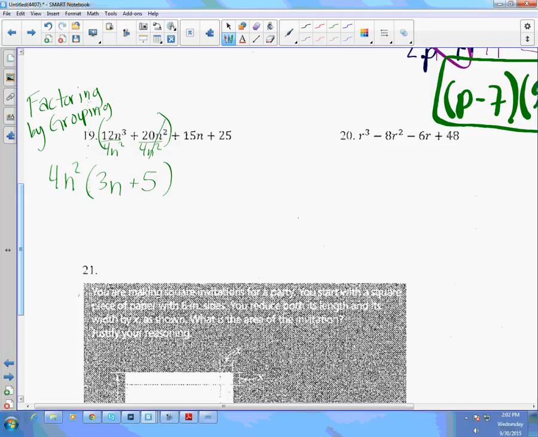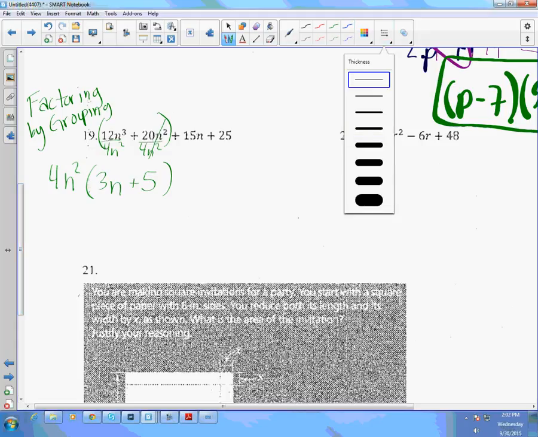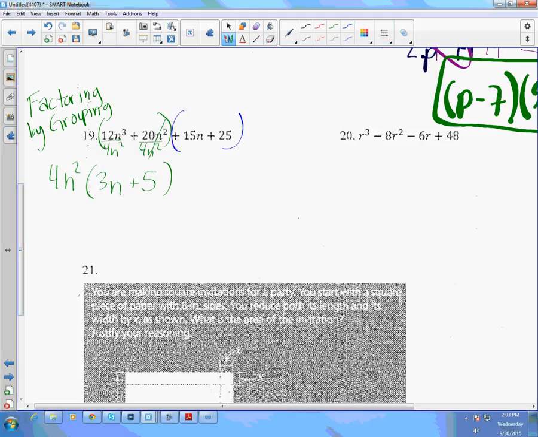It's important to take the sign, especially if it's a minus. The others, something like grouping. Okay, what's their greatest common factor? 5. And so if we take out a 5, that's what would be remaining. Good. Matching.